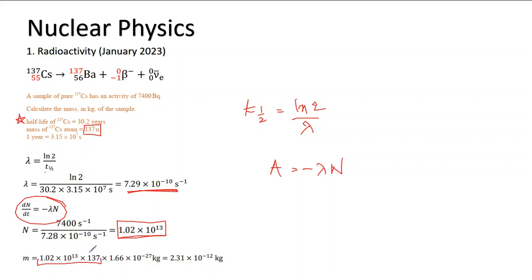But you have to find out the mass in kg. That's what's specifically said in the question. So how do you convert u to kg? Multiply it with 1.66 times 10 to the power minus 27. Do not mix it up with the mass of a proton, which is 1.67 times 10 to the power minus 27. I see a lot of students confusing u and mass of a proton.